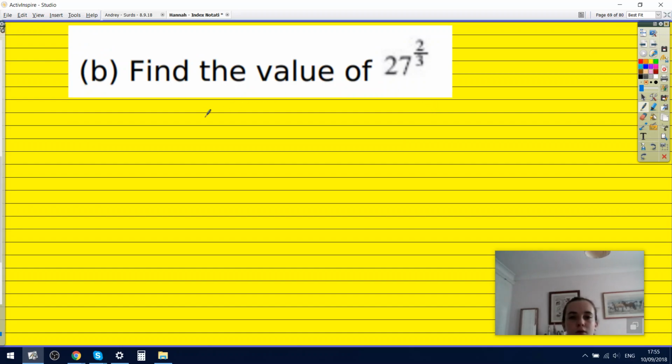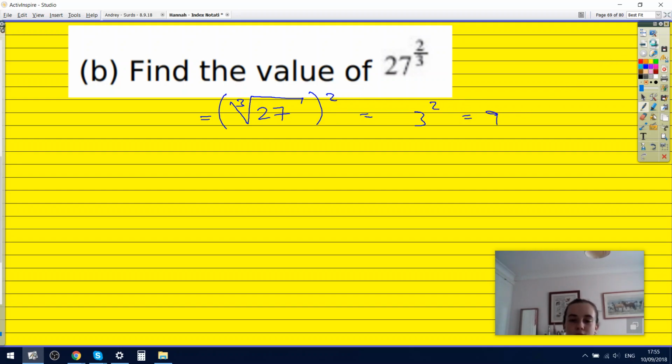Okay, exam question. The cube root of 27. So 3 to the power of 2, which is 9.